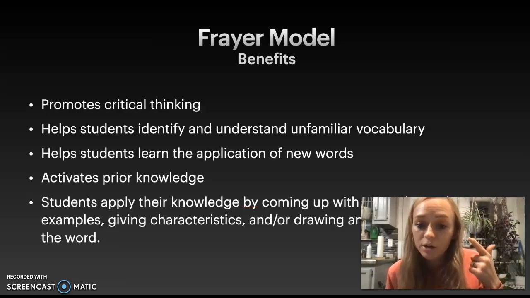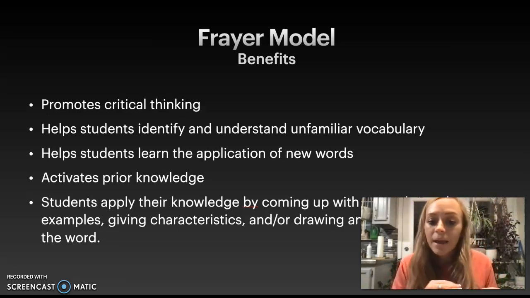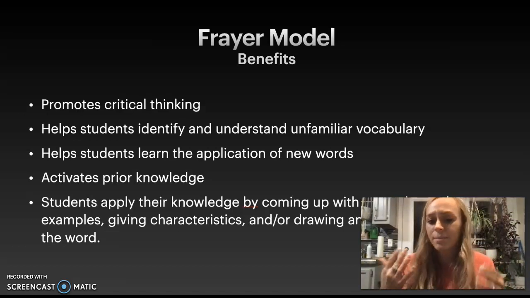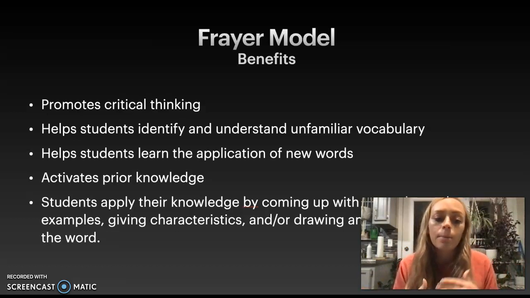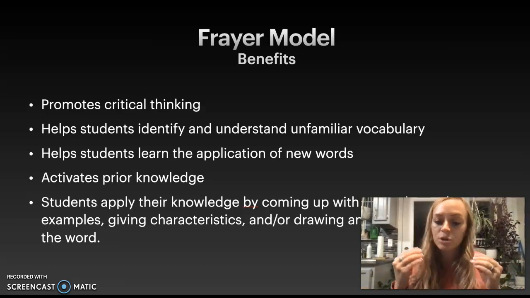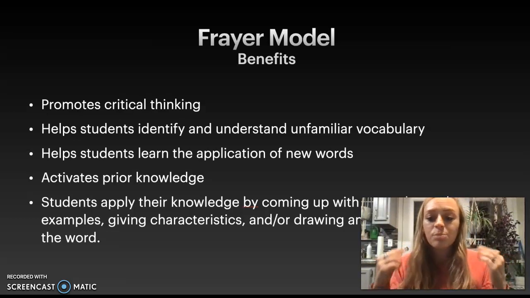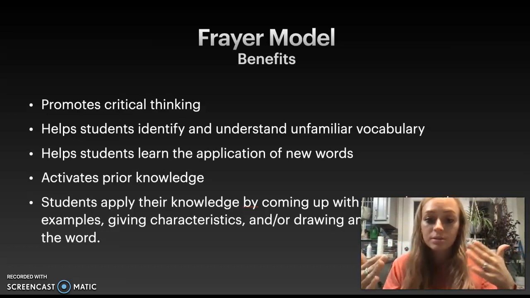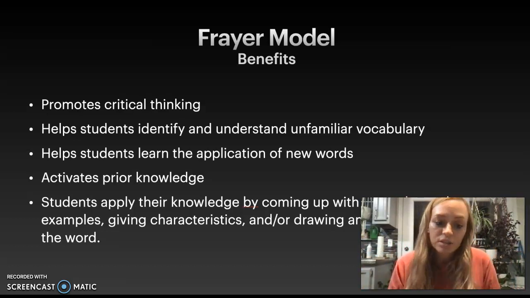It activates prior knowledge. So they may have used similar words like this when talking to their friends or parents, and they may not even understand that. But this helps them know that maybe the word that we're looking at is just a more advanced word than what they're actually using in day-to-day conversations.